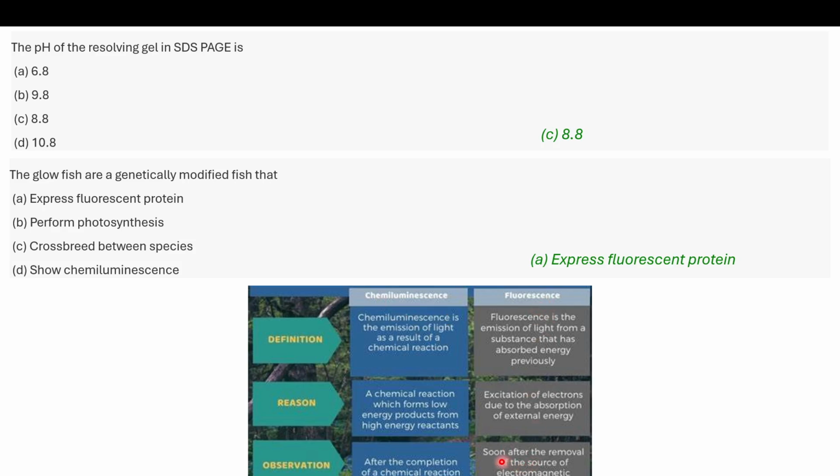In fluorescence, as soon as you remove the source of energy, the light or radiation, the signal stops. But in chemiluminescence, until the reaction is complete and that particular product is formed, you won't get the signal.